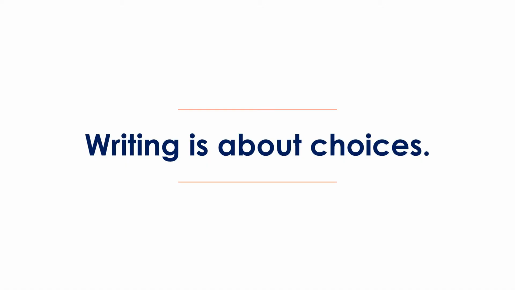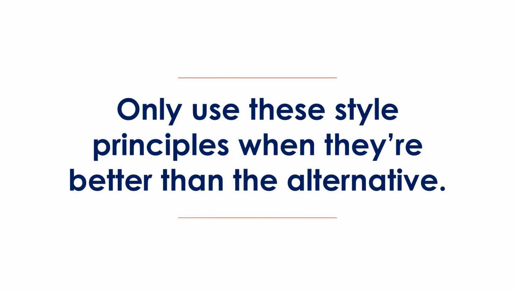Writing, as we've said many times, is about choices. And you should only use these style principles when they're better than the alternative. All right? So think critically about the best way to achieve your goals in writing and follow these only when it makes sense to do so.